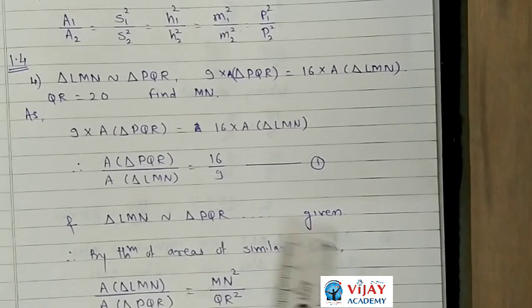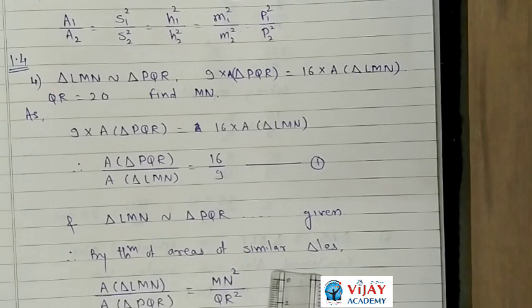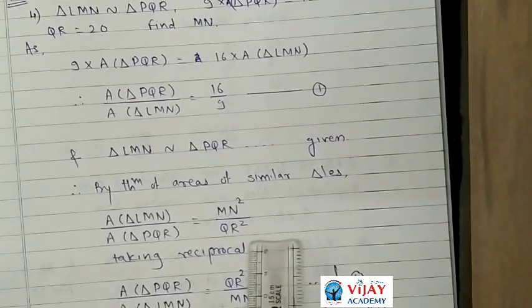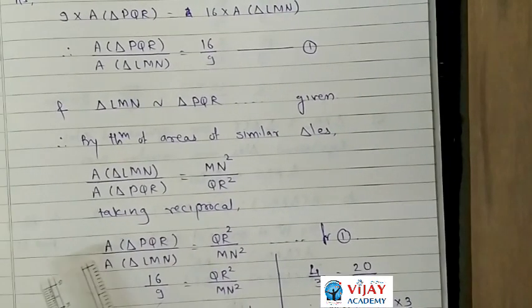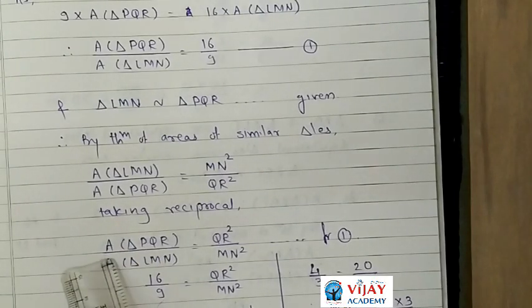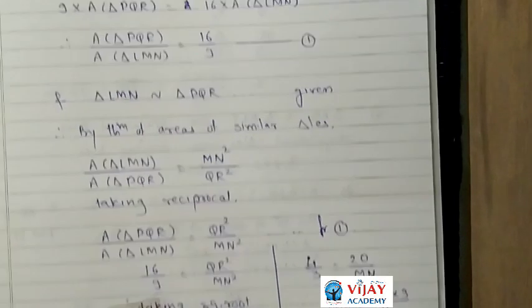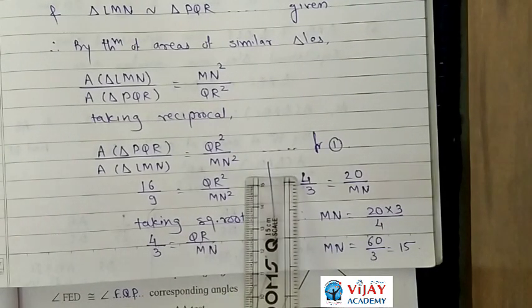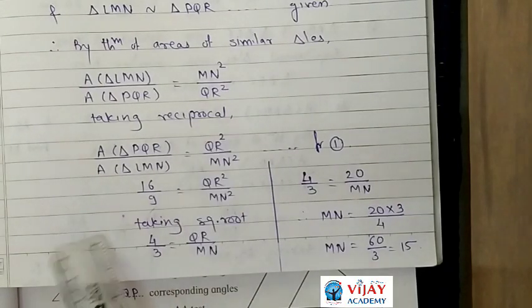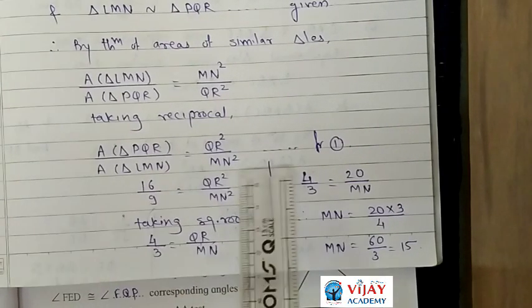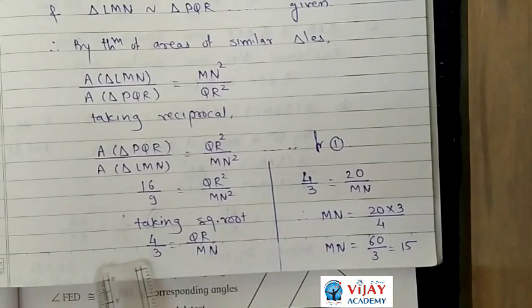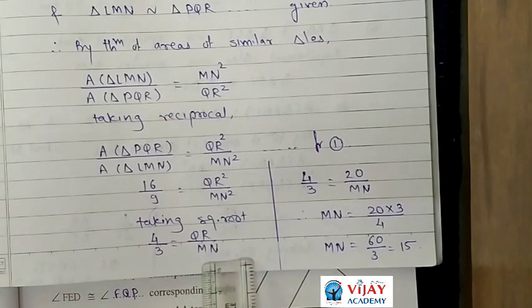By the theorem of areas of similar triangles, area of triangle LMN upon area of triangle PQR is equal to MN square upon QR square. Now taking the reciprocal, we get area of triangle PQR upon area of triangle LMN is equal to QR square upon MN square. Now substitute the value from equation 1: 16 upon 9 is equal to QR square upon MN square. Now taking the square root, we get 4/3 is equal to QR upon MN.